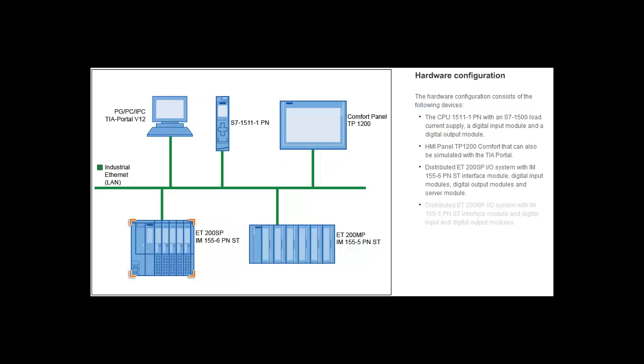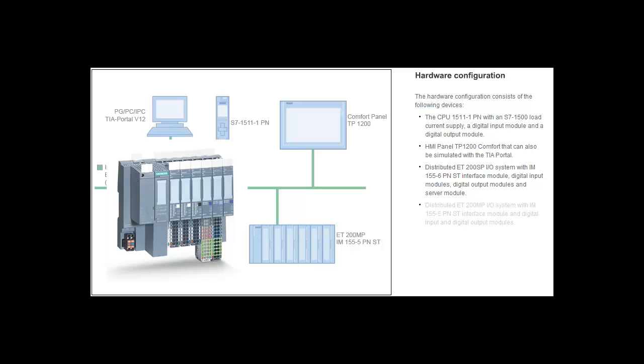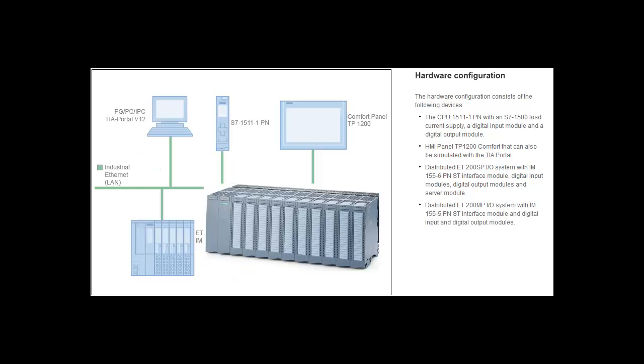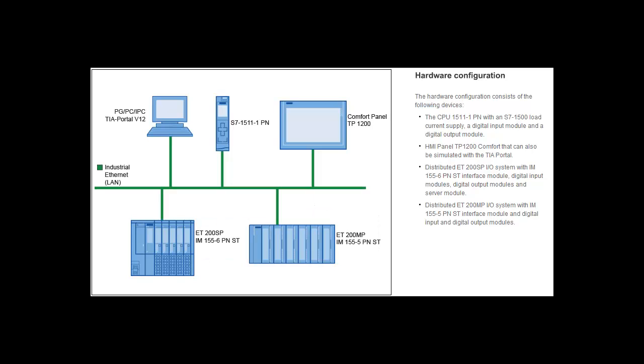Distributed ET200SP I/O system with IM155 6PN ST interface module, digital input modules, digital output modules, and server module. Distributed ET200MP I/O system with IM155 5PN ST interface module and digital input and digital output modules.